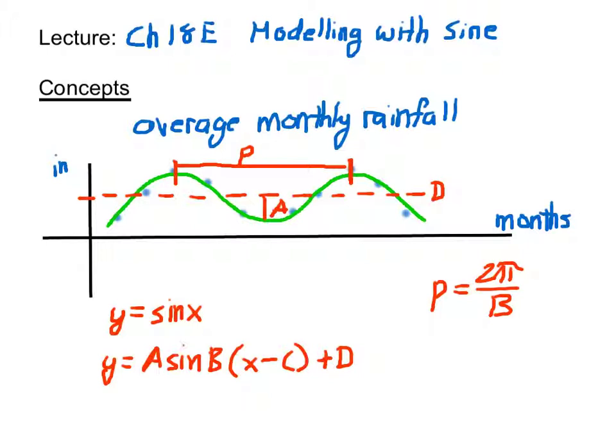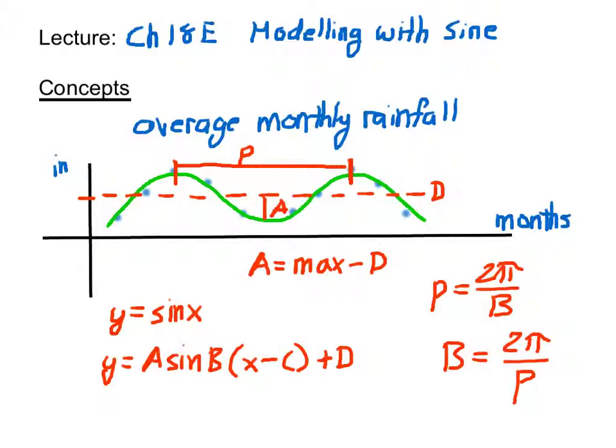So we should rearrange this equation to find b, and quick little algebra move right here gets us an equation for b. So d I can read off the graph, a I can essentially read off the graph. Remember, a is, let's say, the max minus d, or d minus the min, either one.